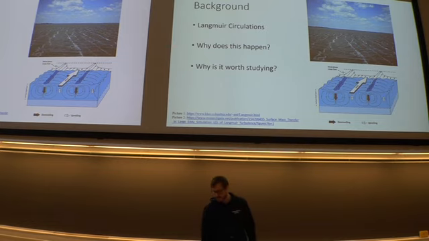The result is what you see in the top picture, and you can see what the Langmuir circulations look like in the shear layer in the bottom picture, where you have the wind direction blowing into the screen, and pairs of circulation cells forming in the upper layer of the water.